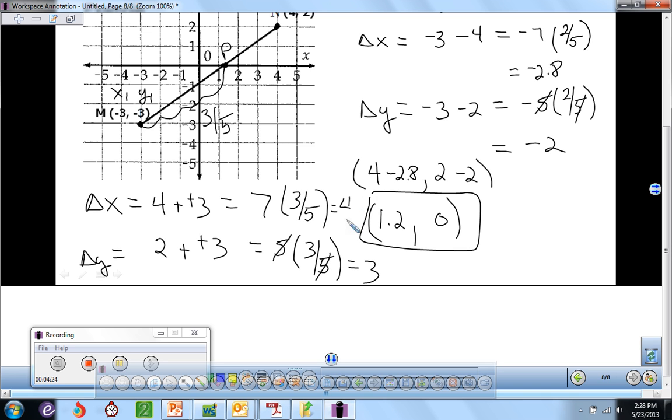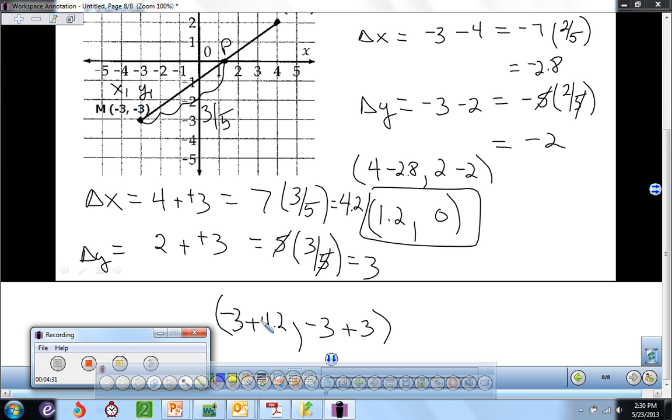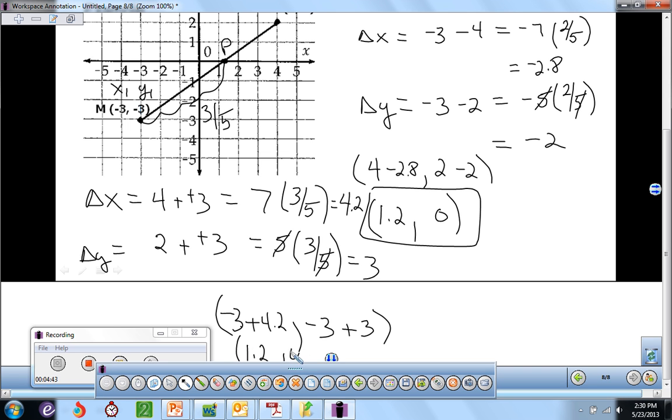So we end up with 4.2. Now we'll add 4.2 to -3. So we'll have -3 plus 4.2 and -3 plus 3, because we're adding it to the x and the y values. When we combine this, we get 1.2 and 0.